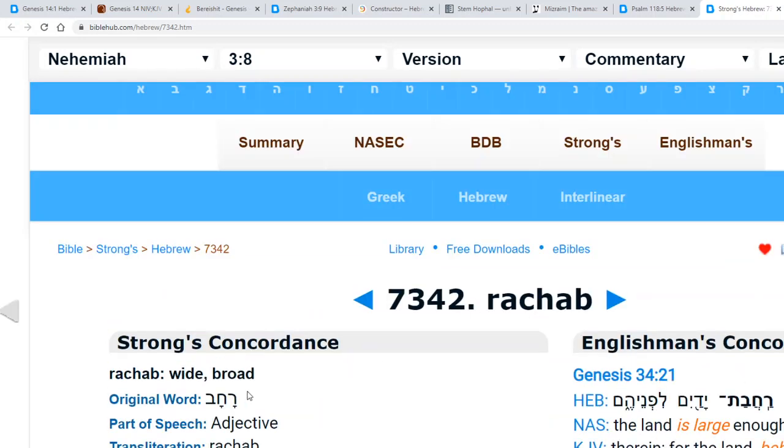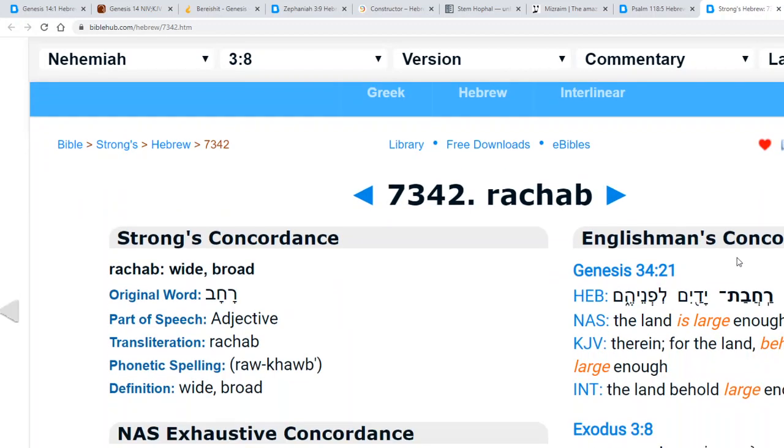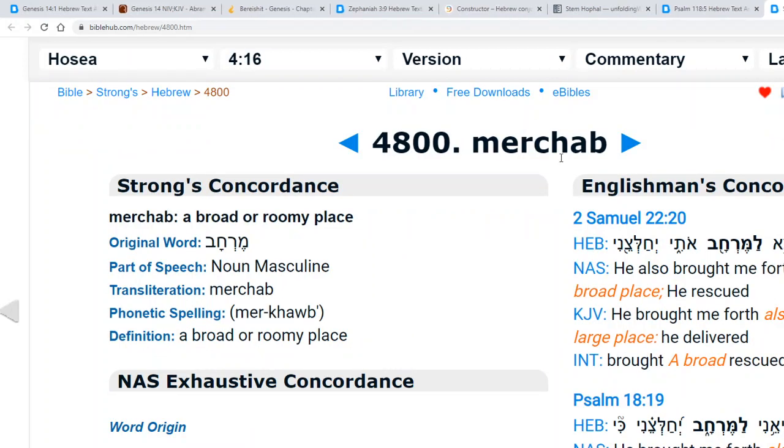Rachav, resh, chet, bet, is the antonym of tsar, of being something that is narrow, like Egypt. Okay, and merchav, that's the actual word. It is a broad place, right?